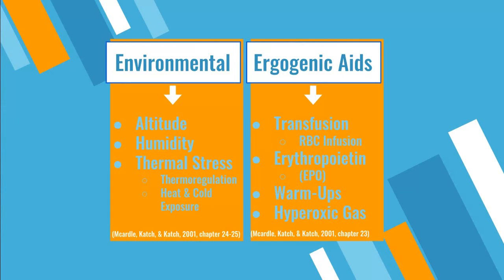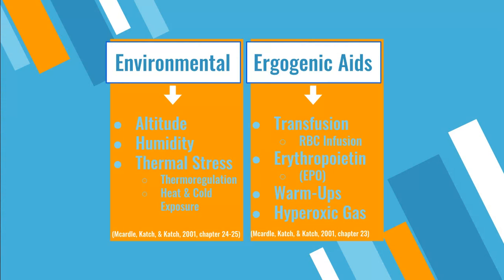Exposure to various environments and the use of ergogenic aids represent two of the largest effectors of physiologic function. The altitude, humidity level, and temperature, which is a thermal stressor, represent the environmental factors. Blood transfusion, EPO injections, warm-ups, and breathing hyperoxic gas make up the major ergogenic aids.